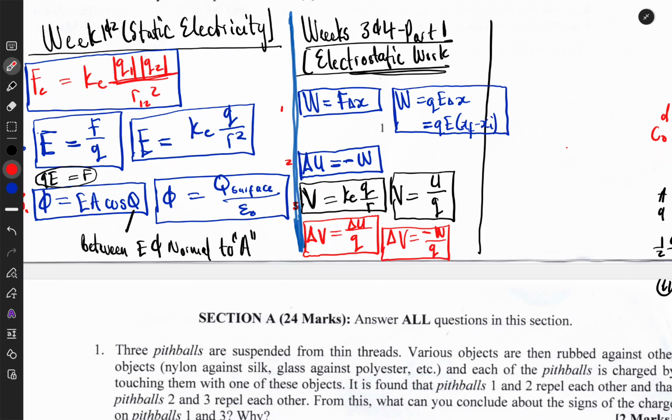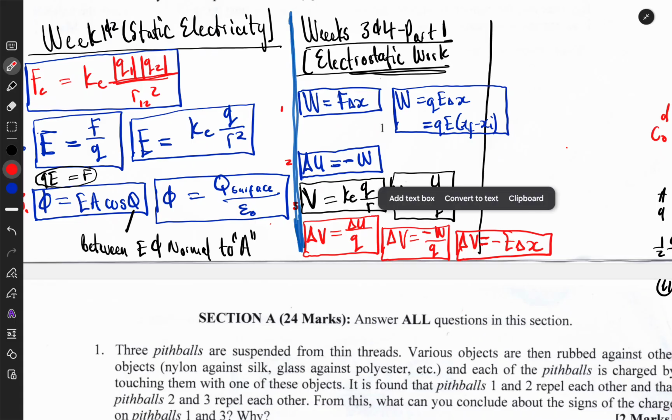Then the last and final version of this 4th formula is going to be delta V is just going to be equal to negative of E delta X. Put this, you may need it. Negative of E delta X, okay? It just came from dividing work by Q, okay? Because work is QE delta X, but Q is now gone, so it'll be just E delta X. But remember that delta V is negative of work, so that's why it is negative.